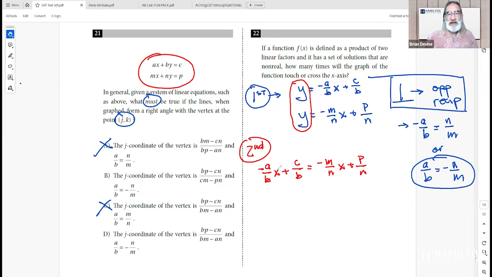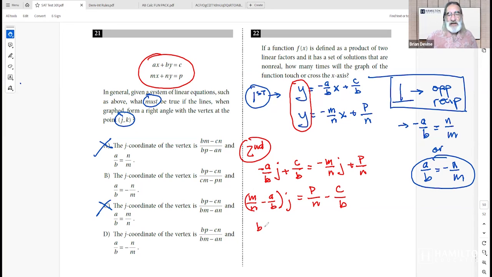So let's make this x a J. So this is going to be J now in our solution because the K's would be the same. And if I clean that up, I'm going to get m over n minus a over b times J has to equal p over n minus c over b, which means, well, let's clean that up even more.